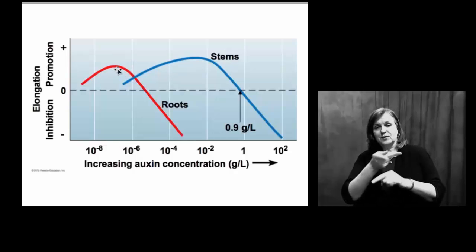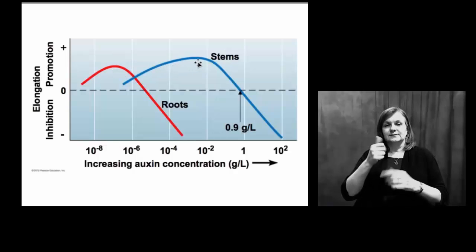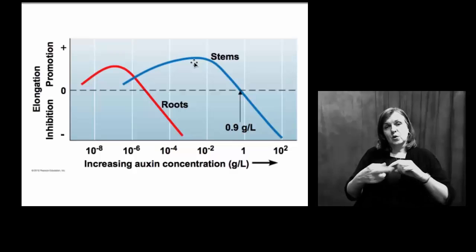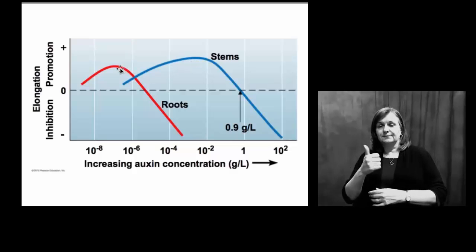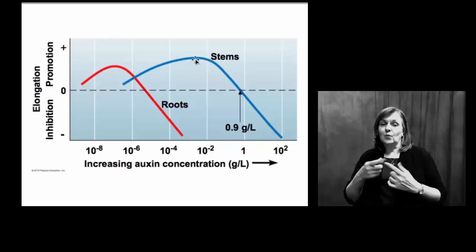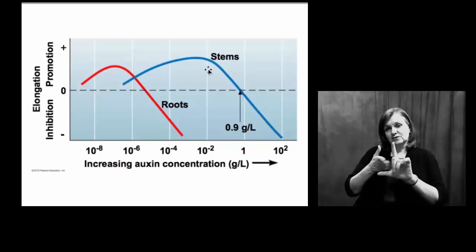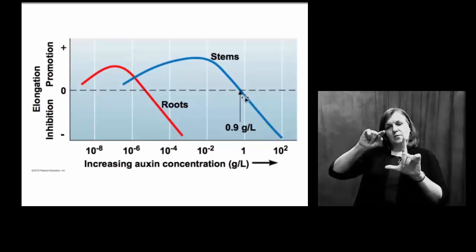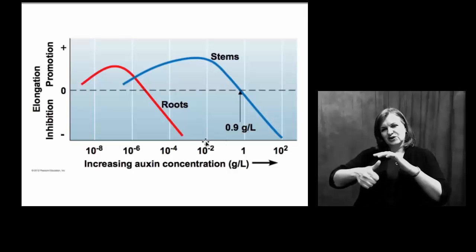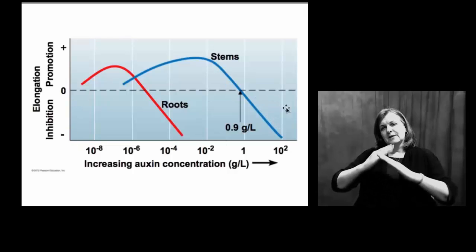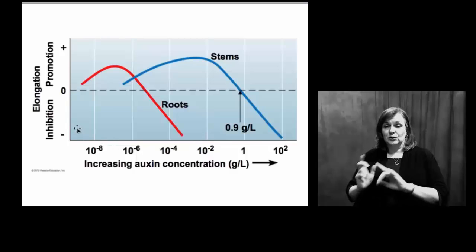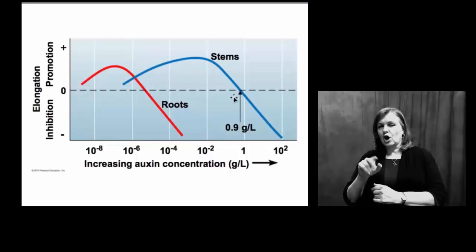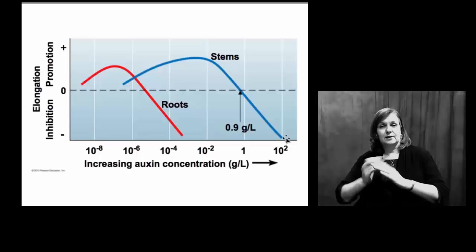When we see the highest peaks here, we're looking for the most promotion or the greatest elongation of our roots and our stems. But as we go beyond that and our curves start to fall off, we go into this inhibition zone at the bottom. So we've added so much auxin in this case that we have inhibited growth.